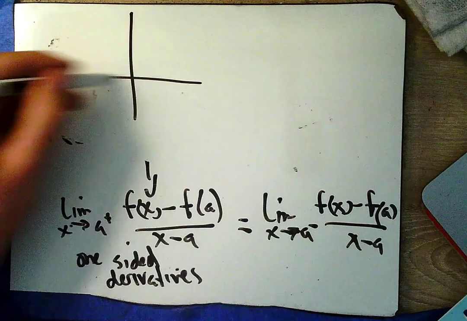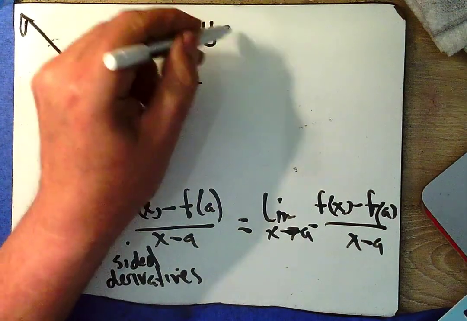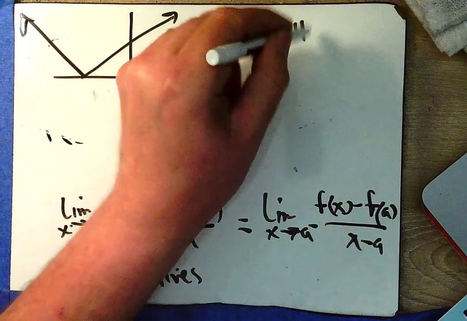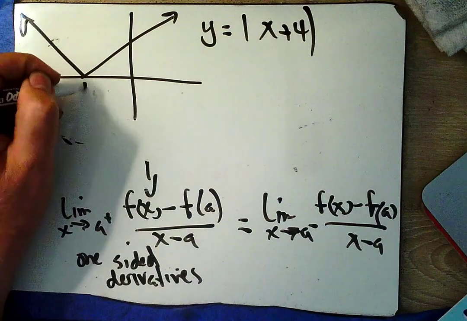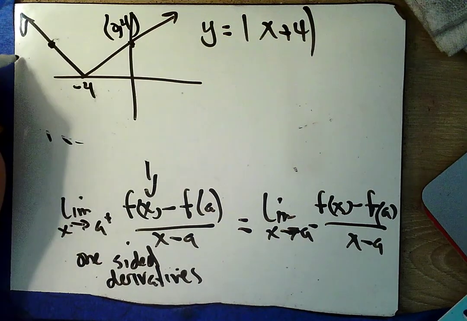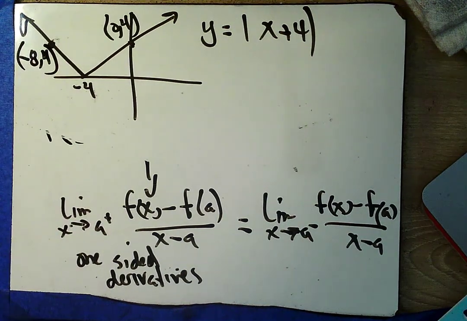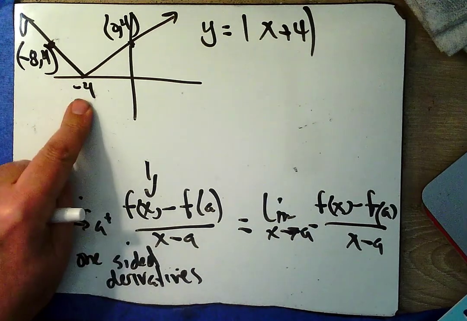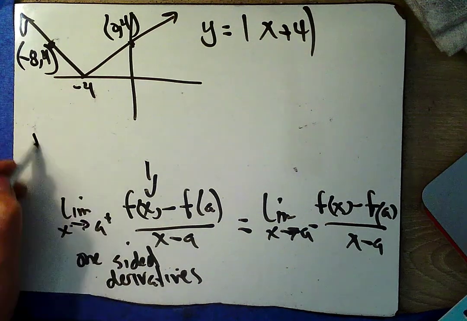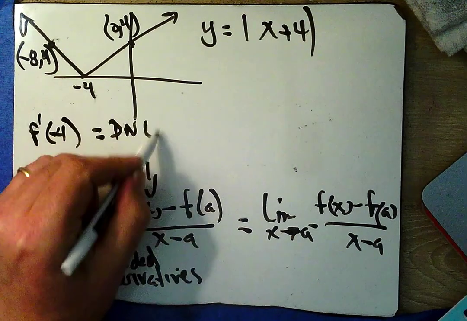So let's go back to these pictures. We have this one. And that's y equals absolute value of x plus 4 shifted. There's our negative 4. There's 0, 4. And this point over here, because of symmetry, is negative 8, 4. All right, so now let's ask the question, because I claim that I can't find f prime of negative 4. f prime of negative 4 does not exist.